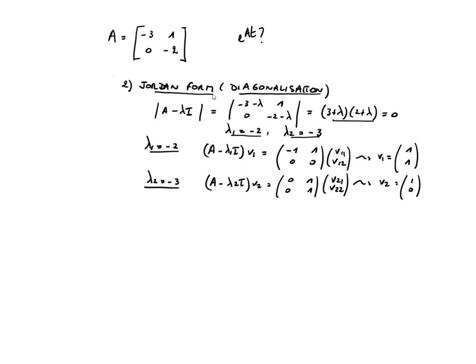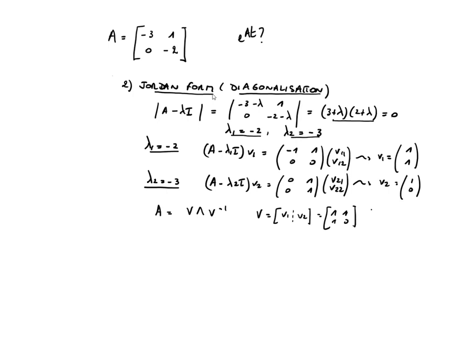They are the solution of this type of system of equations, and here are the two eigenvectors. Then you know that you can write A as V Lambda V inverse. For V, you simply stack the vectors next to each other, and this yields 1, 1, 1, 0.